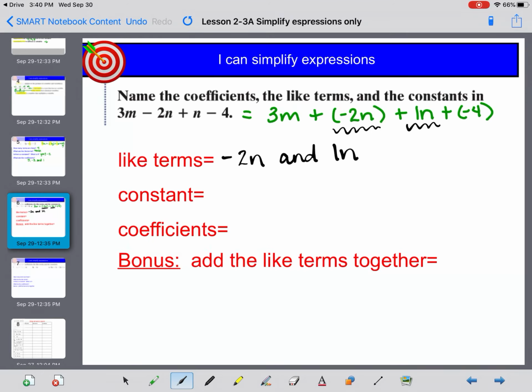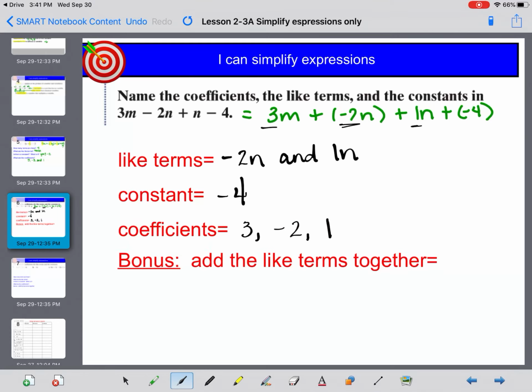My constant, if I look back in my notes, is the number without a variable. That's negative 4. Lastly, my coefficients. My coefficients are the numbers in front of the variables. So the numbers in front of my variables are 3, negative 2, and 1.